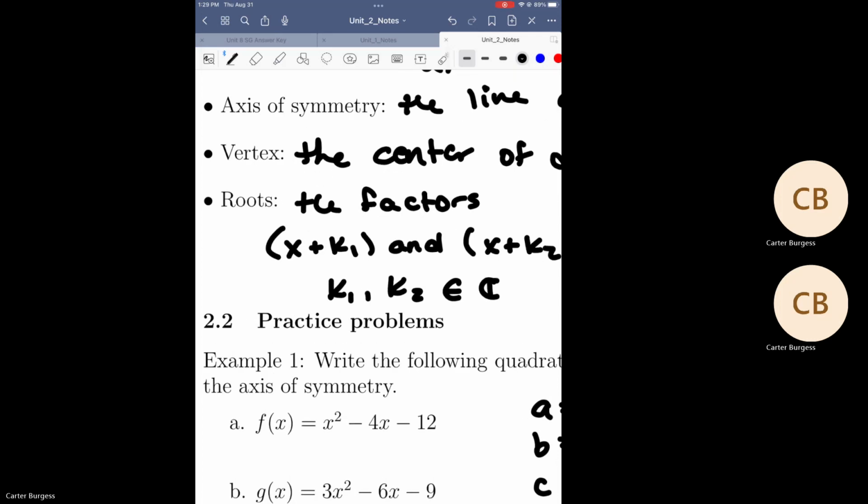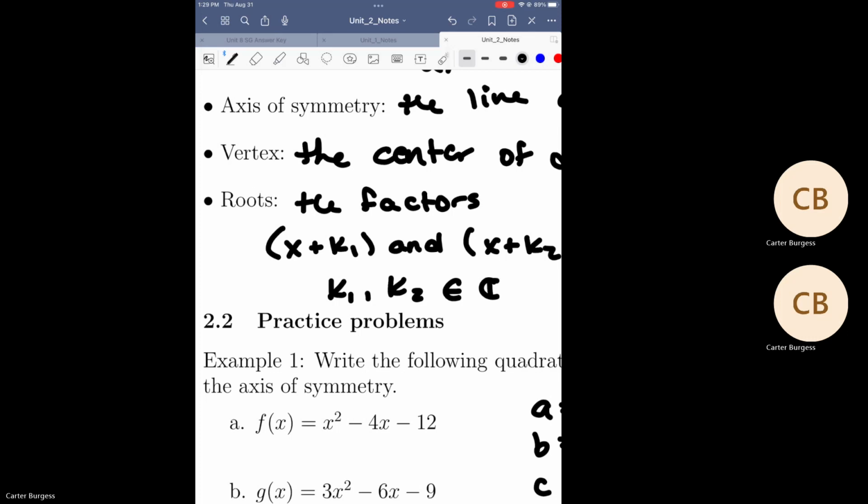The 0 is the value of x. So in this case, the 0 would be negative k sub 1 or negative k sub 2. And then the x-intercept is the point on our graph that corresponds to a root or a 0. So 3 different objects. These words are used pretty interchangeably. So finding the root, finding the x-intercept, finding the 0.